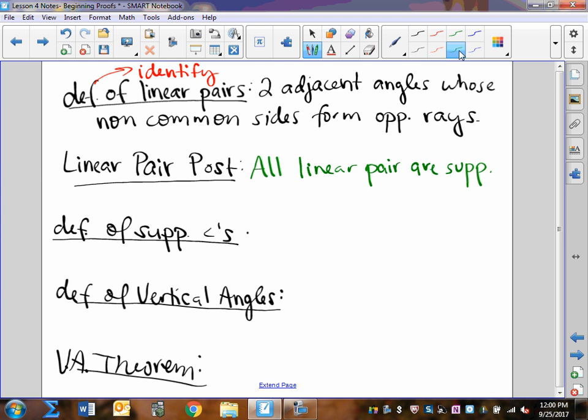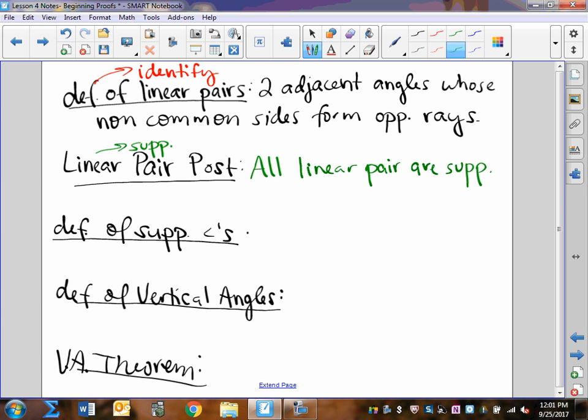So the definition allows me to identify them as linear pairs. Once I know they're linear pairs, then with the linear pair postulate can I say that they are supplementary. But I can't say anything more than that. What allows me to say that if they're supplementary, their measures have to be 180? Definition of supplementary. The definition of supplementary angles.